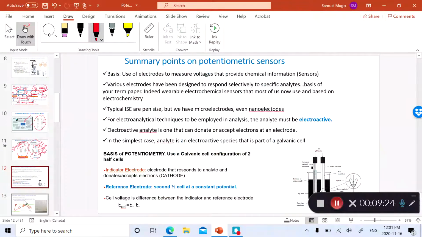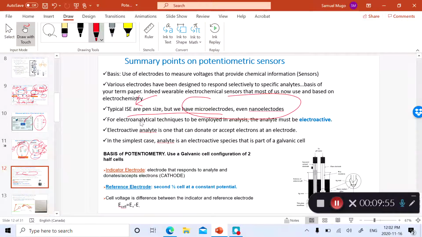So, a quick summary on potentiometric sensors. As I have said, in this case, we measure voltage that provides the chemical information that you're trying to explore. Now, one huge advantage of potentiometric sensors is that they are very miniaturizable. So these things you're calling ion selective electrodes, the non-classical potentiometry, you can make very small.